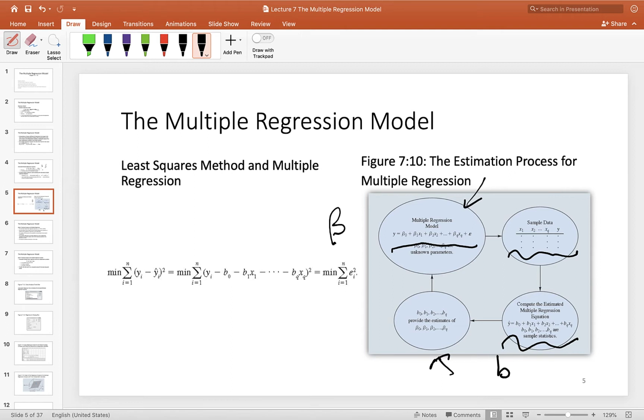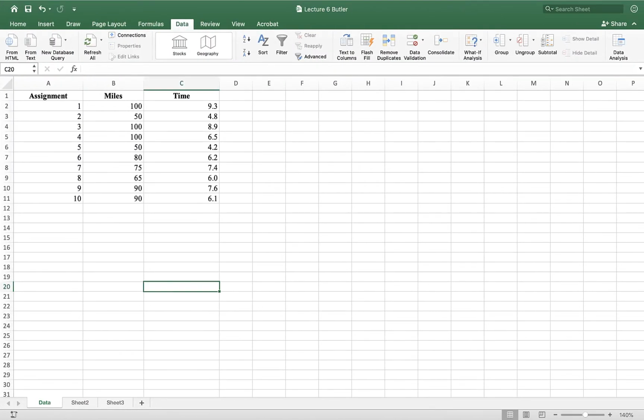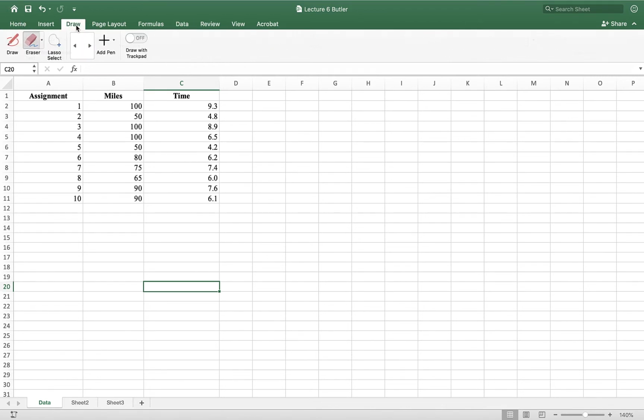What I'd like to do now is go back to the linear regression model very briefly and remind ourselves of what we had before. What we had before was Butler Trucking, and this is the information we had. Which one was the dependent variable?